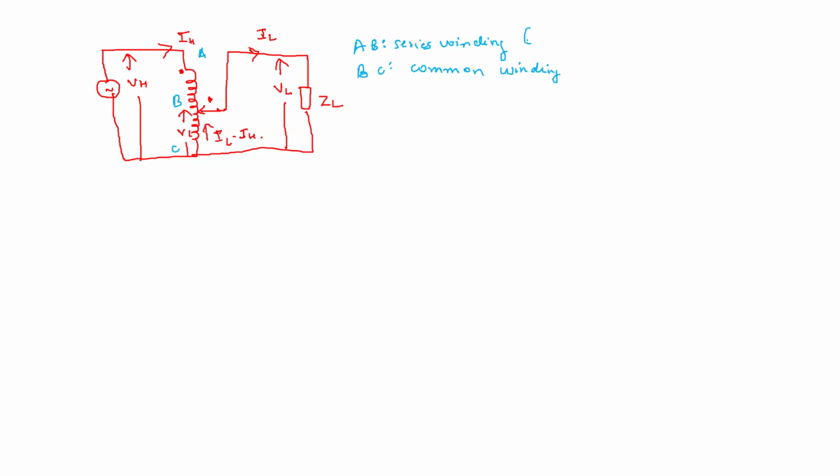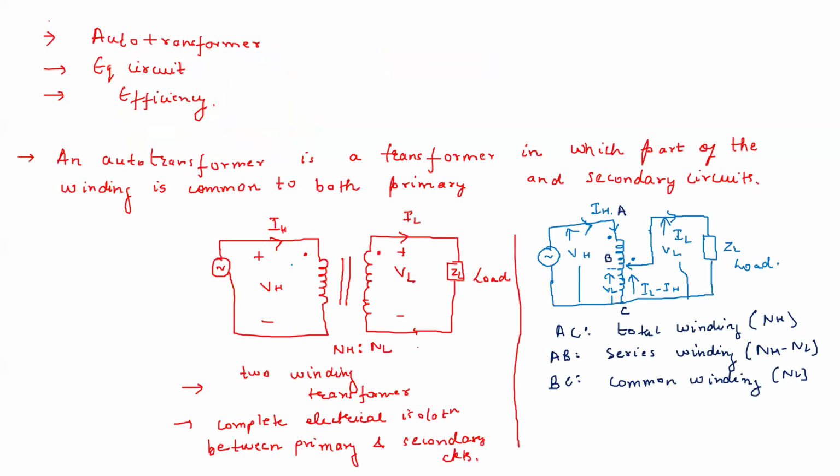So the series winding is having NH minus NL number of turns, and the common winding is having NL turns, because across the common winding we have VL, and we have seen earlier, right? For the two winding transformer only we have connected it as the auto transformer. So how have we connected? We have basically just put it like this.